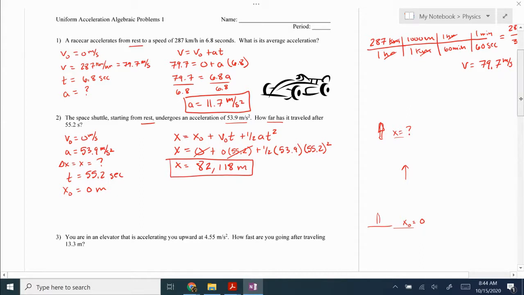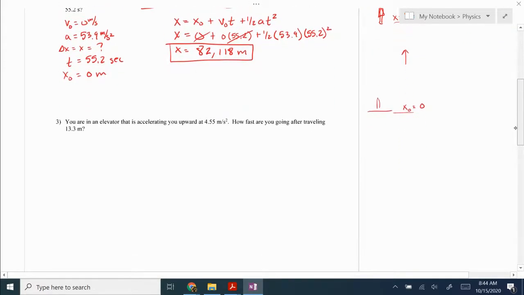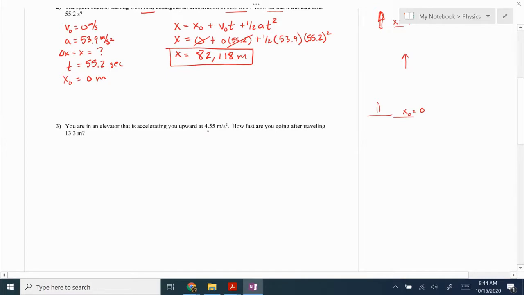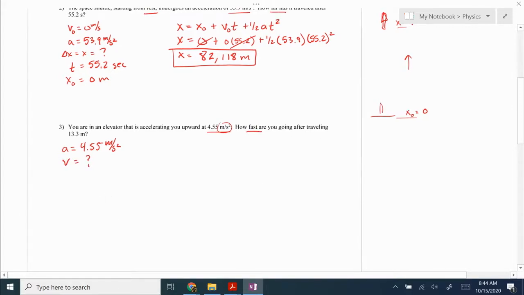Okay, there's that. Moving along, you're in an elevator that is accelerating upward at this rate. The meters per second squared tell you that that's the acceleration. How fast, so that means we're looking for the final velocity, are you going after traveling 13 meters?